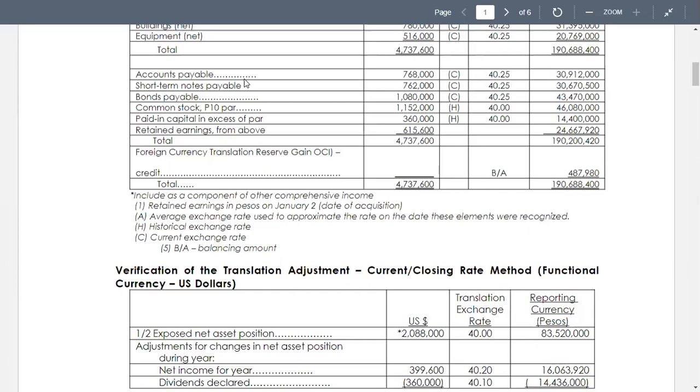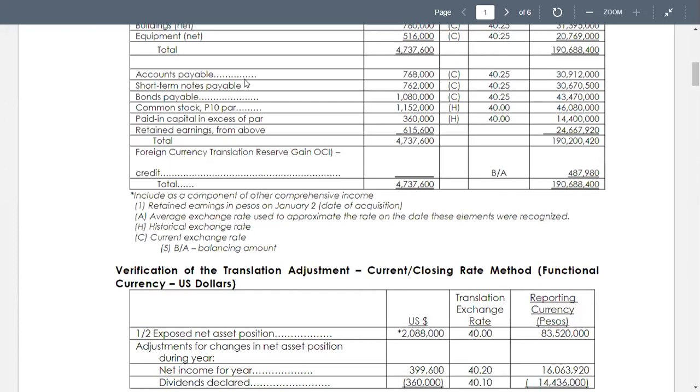Next, other revenue and expense accounts are translated in a manner that produces approximately the same results as if the individual transactions were translated at the rate in effect when the transaction occurred. Generally, a weighted average rate is used on all transactions for simplicity's sake.